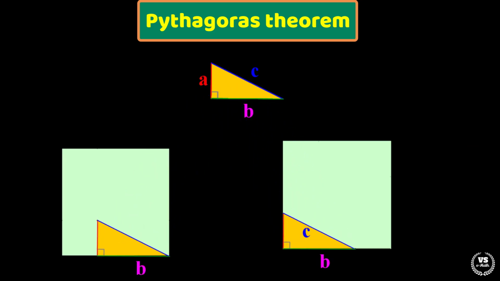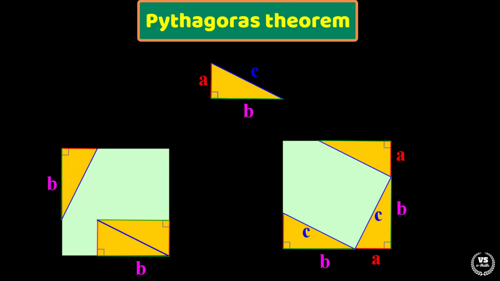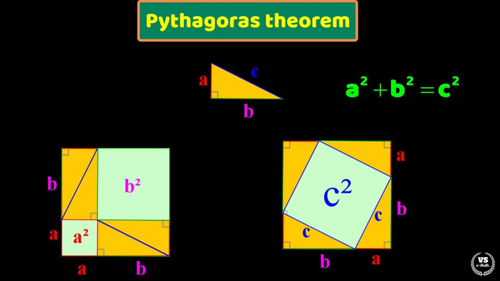He used a technique called proof by rearrangement. He took four right triangles and placed them on four corners. Then he placed two right angles next to each other. Here, in both the cases, the area of the outer square has not changed.